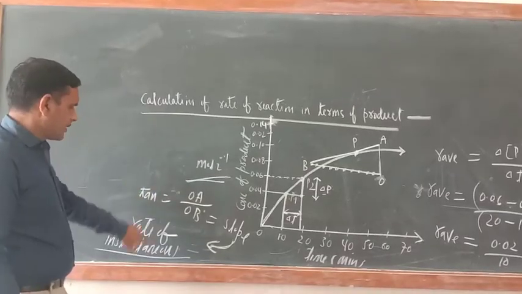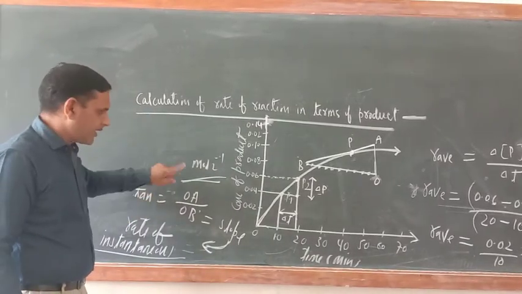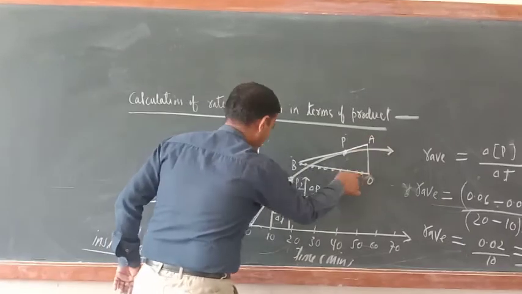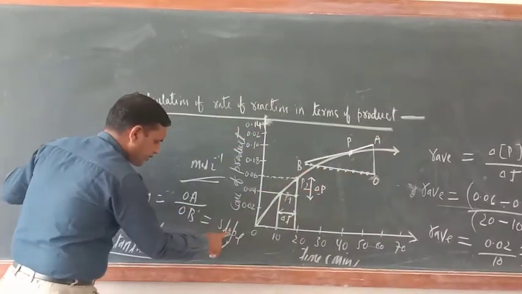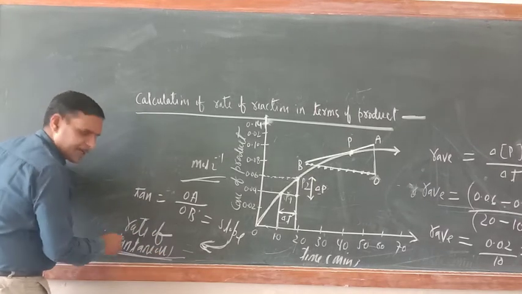Once again I am telling you, to calculate the tangent, it is OA by OB. This is equal to the slope, and this slope is the instantaneous rate of reaction.